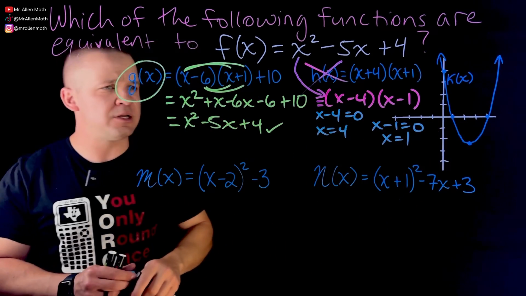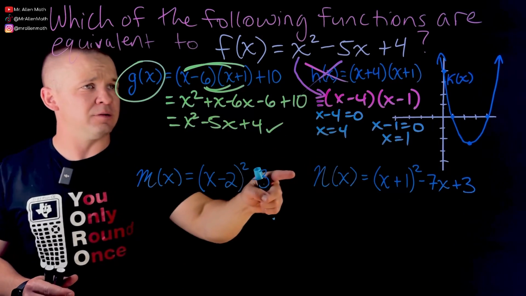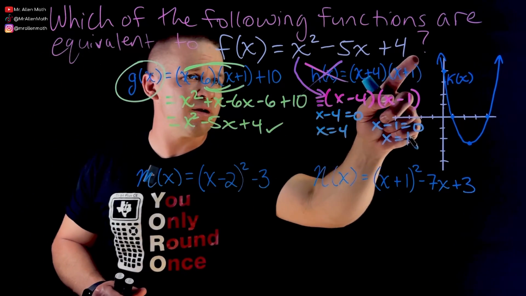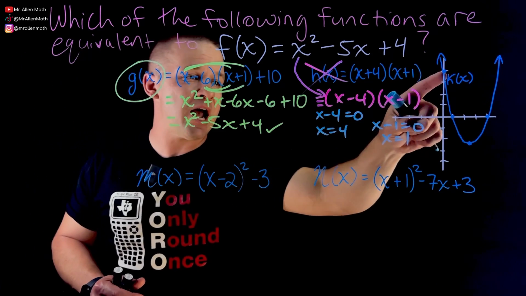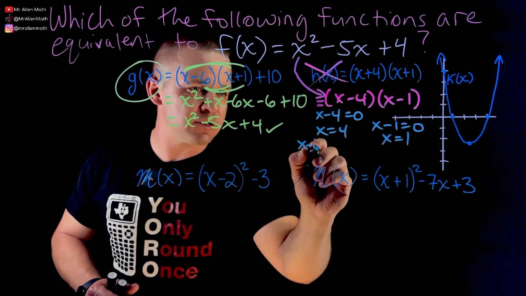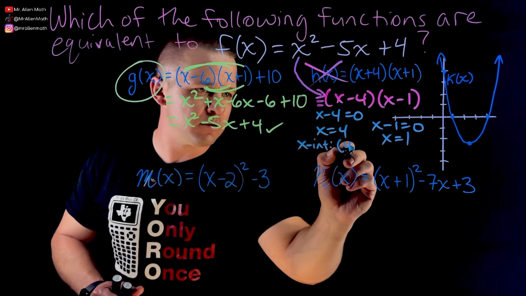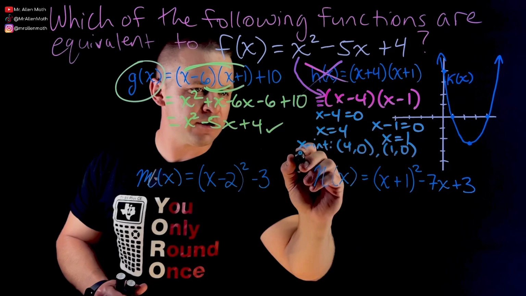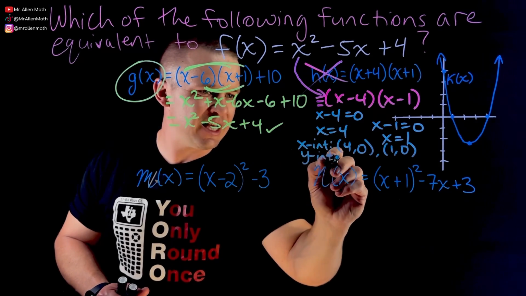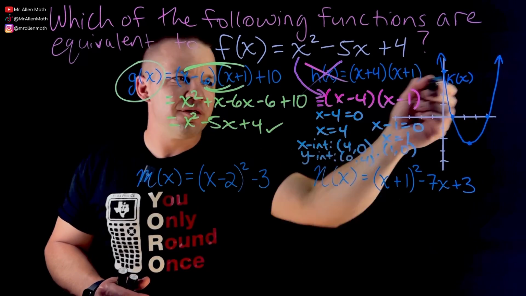Are those my two x-intercepts? Absolutely. And if I put 0 in, is that my y-intercept, which is exactly what I have up here? So the x-intercepts are 4, 0 and 1, 0. The y-intercept is 0, 4. That checks out here.